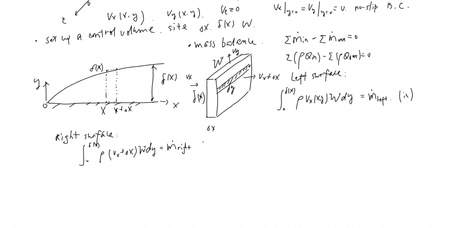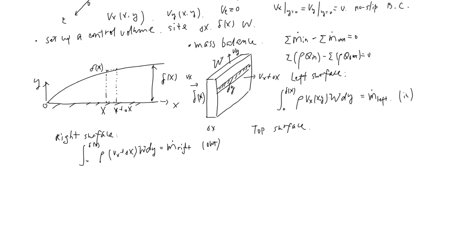Now let's look at the top surface. Because we are saying delta x is very small, we will eventually send it to 0. So for very small delta x, the length of the control volume, we can approximate Vy as a constant over this small strip.